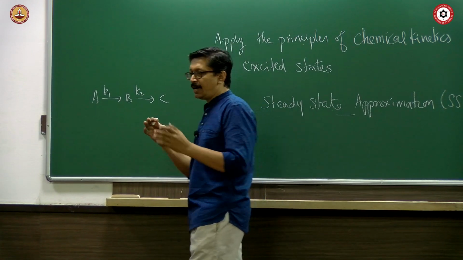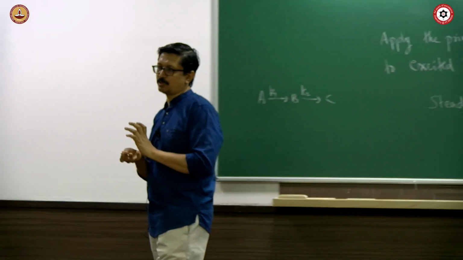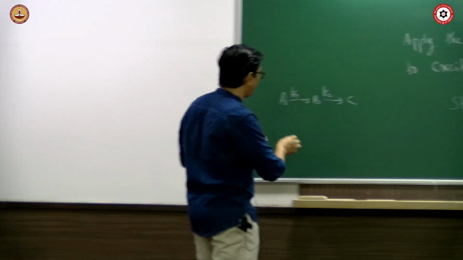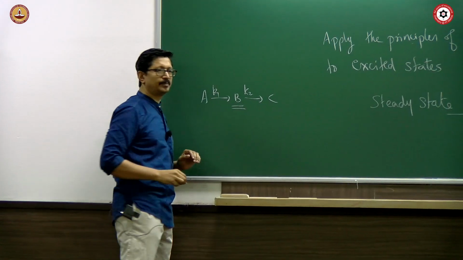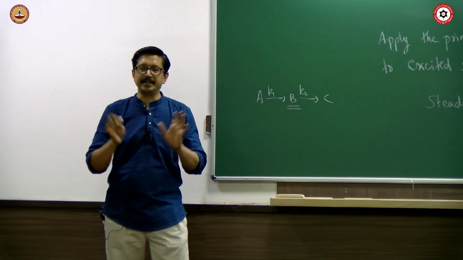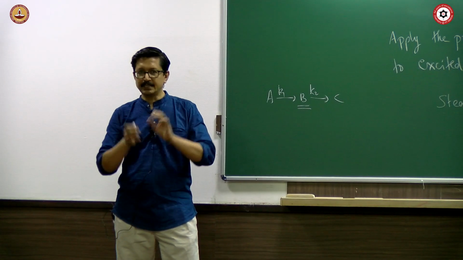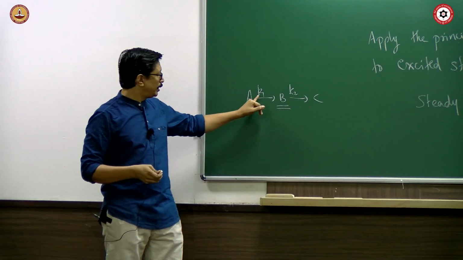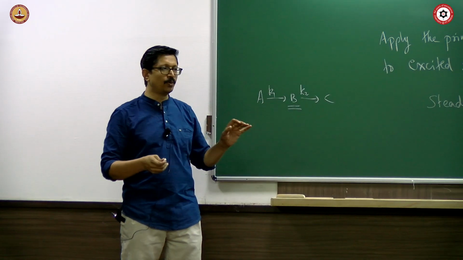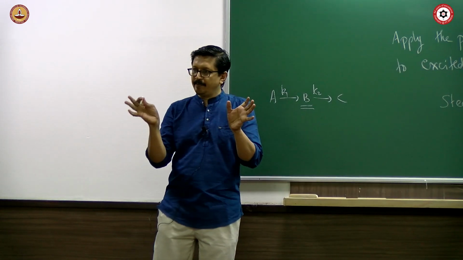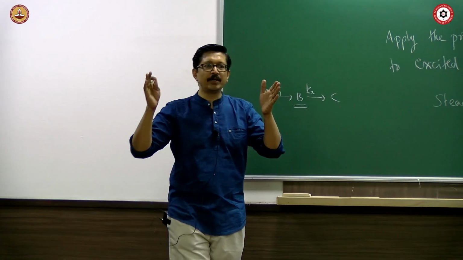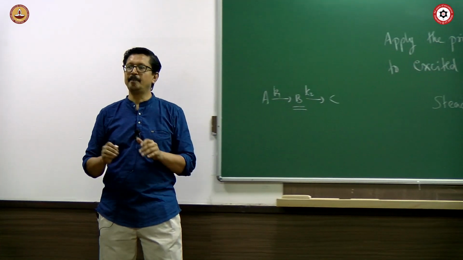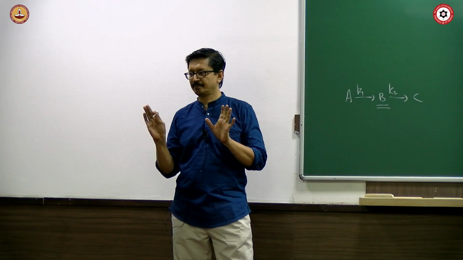Now, steady state approximation is used whenever the intermediate concentration is steady, called steady state. The rate constants k1 and k2 will be in such a way that at any point in time where you are observing the reaction, the concentration of B will be a constant.